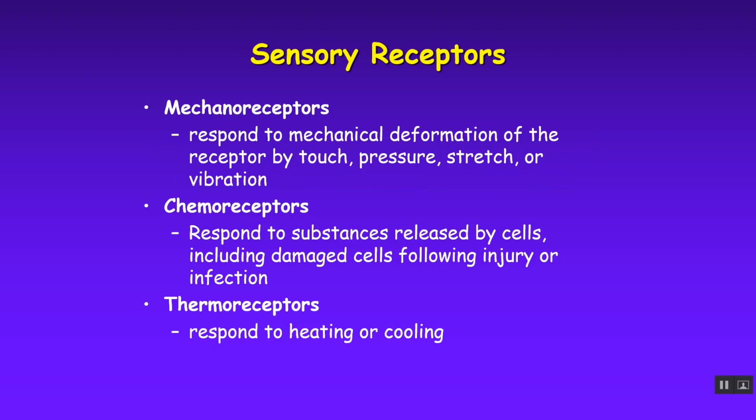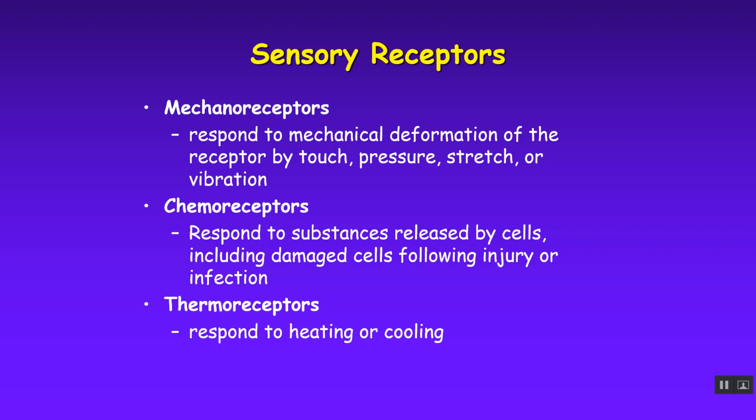So sensory receptors, we can just classify them grossly as mechanoreceptors, chemoreceptors, or thermoreceptors. Mechanoreceptors respond to some type of manipulation: stretch, pressure, touch, pull them, push them, whatever. That's what's going to cause them to stimulate and send their signal up the axon.